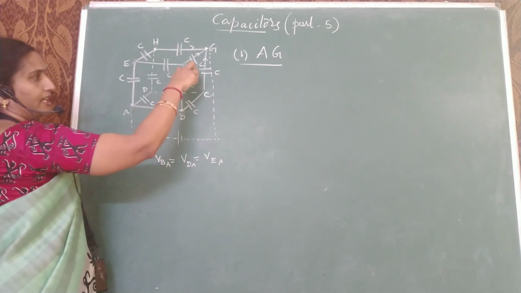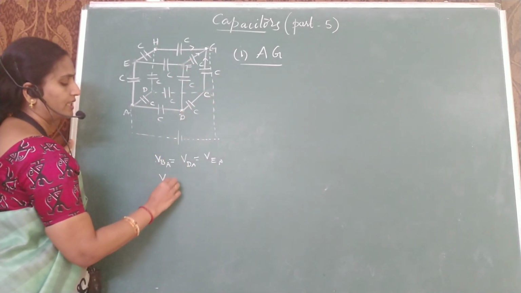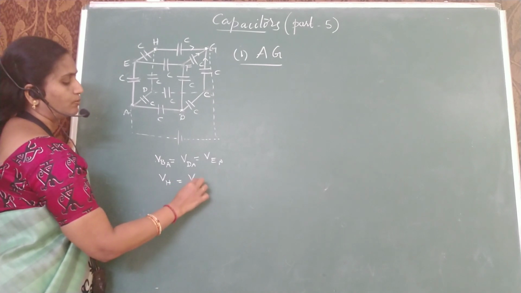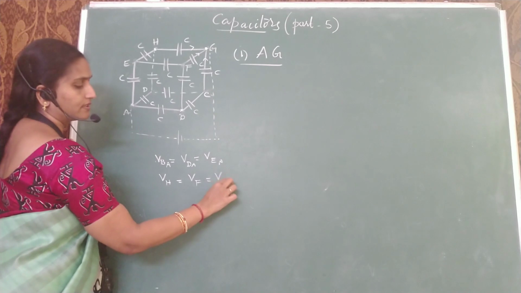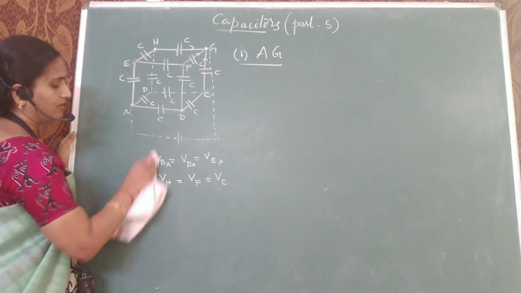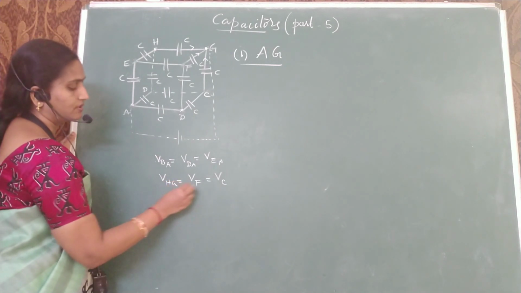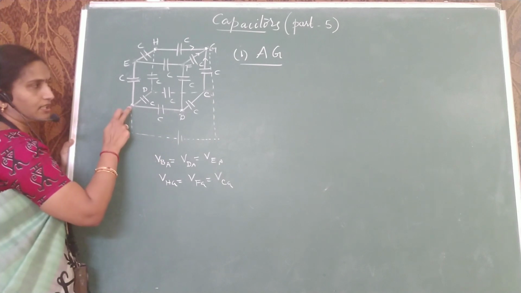That means potential at H, F and C are also equal. Potential at H equals potential at F is equal to potential at C, and these are also at same potential with respect to G, because G is the receiving end, A is the starting end.